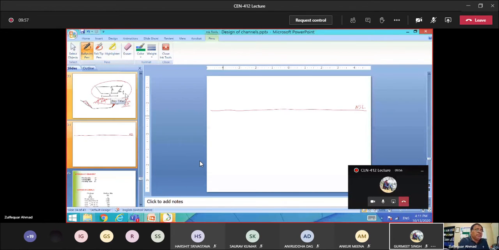Complete cutting means your full supply level is on the natural surface level or below the natural surface, which means your canal is like this. This is the depth, the full supply depth. You can say this one as FSD. This is a term that is being used, full supply depth.